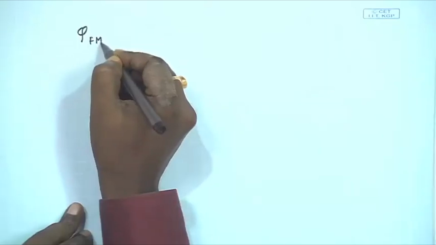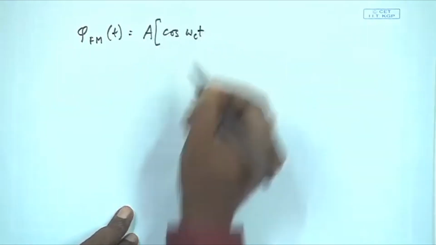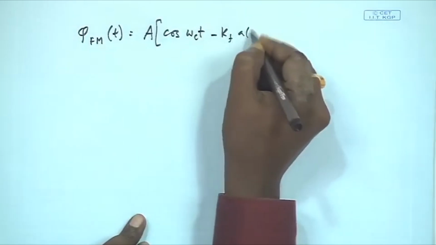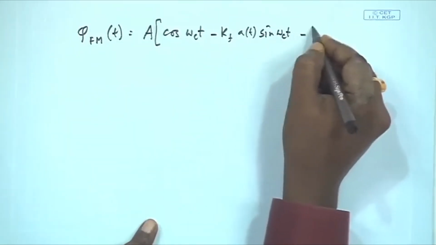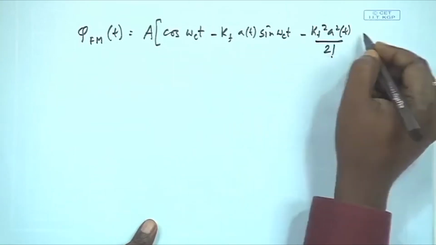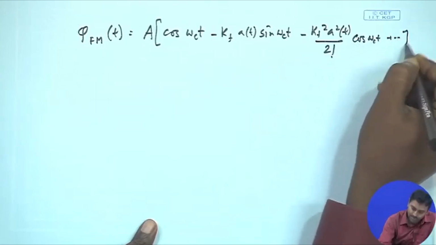You remember we derived this formula: phi FM(t), that was actually A cos omega c t, when we took the real part, minus kf a(t) sin omega c t, minus kf square a square(t) divided by factorial 2 cos omega c t, and so on up to infinity.